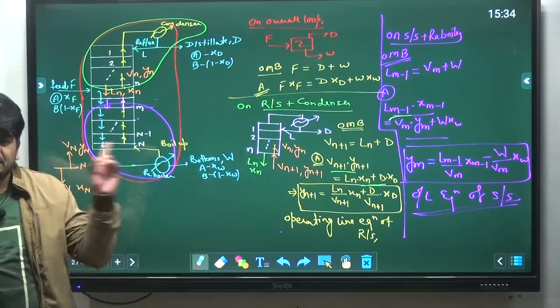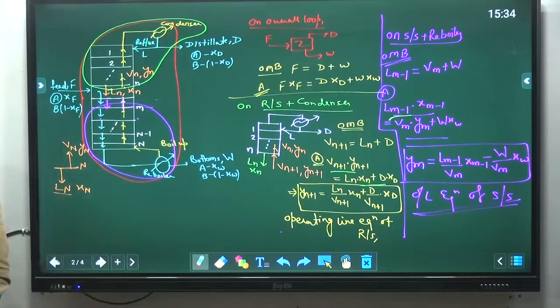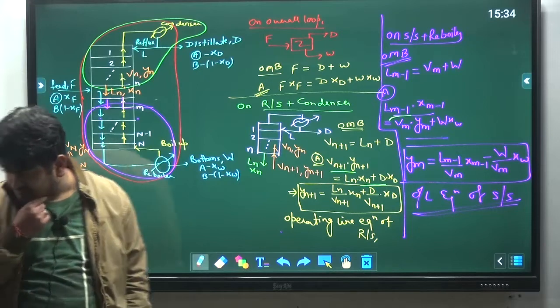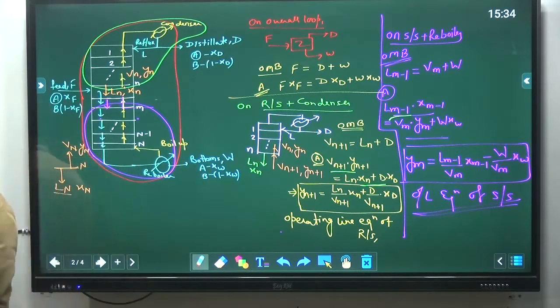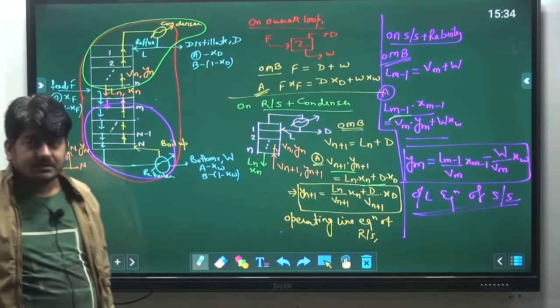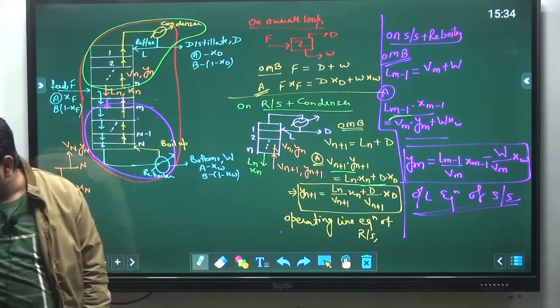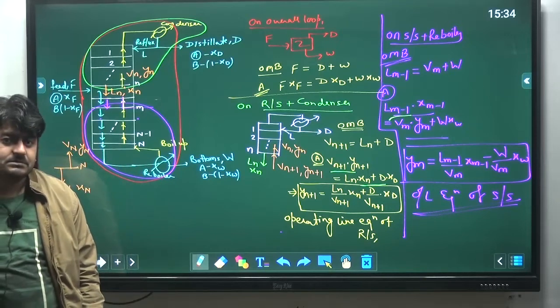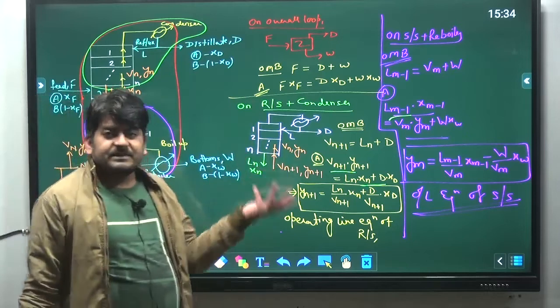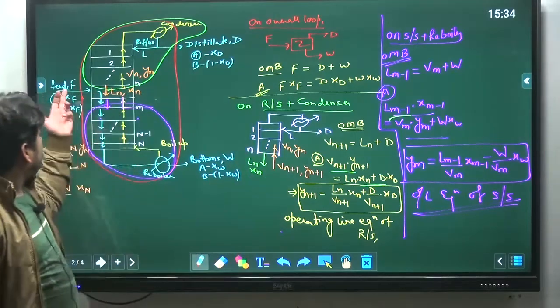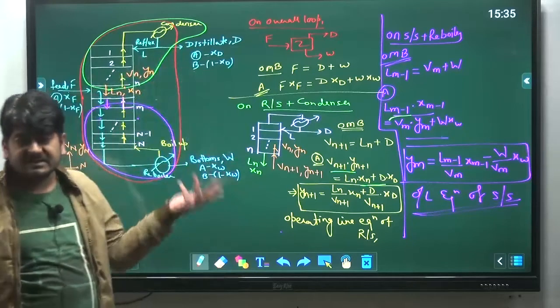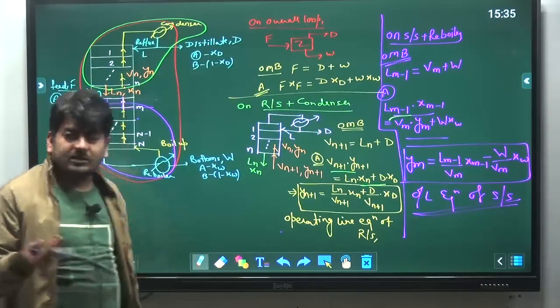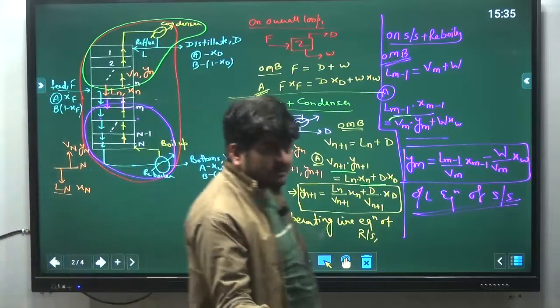Not the operating line equation, the mole balance equation. Come on guys. Mole per second, correct. Moles per second. I told you molar flow rates F, D, W, L, V, these are the molar flow rates. So molar flow rate is always in mole per second in SI units.